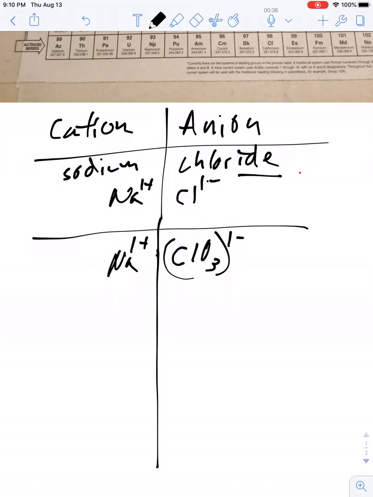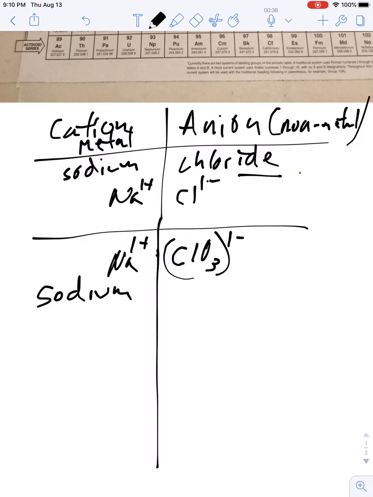First of all, you name the Na, and the Na is sodium. You can think of the cation as the metal part, and the anion as the non-metal part.